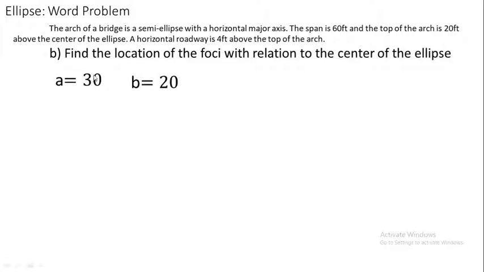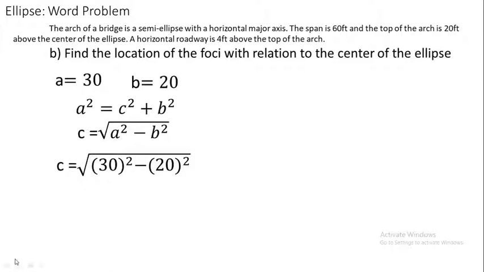B. Find the location of the foci with relation to the center of the ellipse. Since we already have a and b, using the relationship between a, b, and c, we can derive a formula for c. We transpose b to the other side, a squared minus b squared, and extract the square root in order to get plain c.